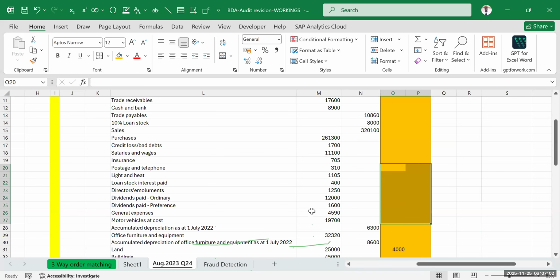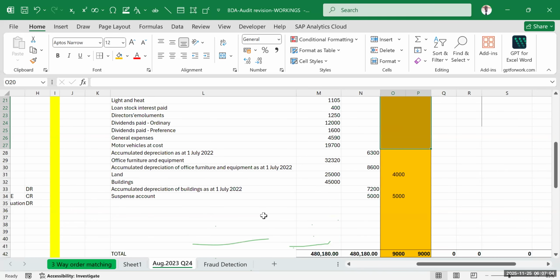So what we are going to do is post the entry in the correct accounts like members have said. We are going to debit our statement of financial position with that closing inventory, and then credit our P&L with that closing inventory. I believe you know why we are crediting P&L.